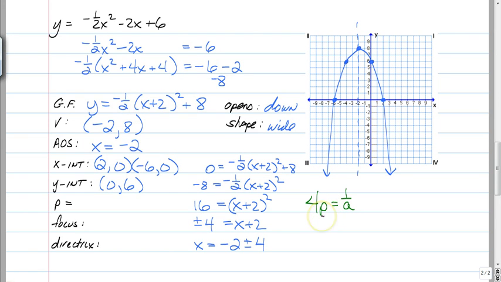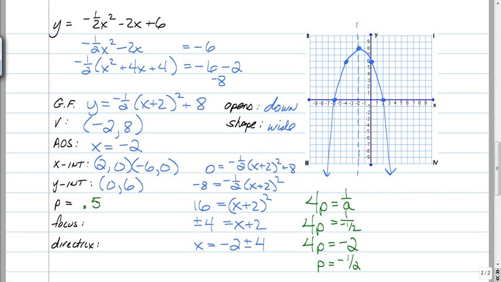So a is negative 1/2. So 4p is equal to 1 over negative 1/2. Remember, dividing by a fraction is like multiplying by the reciprocal. So 4p is equal to, in this case, negative 2. So p is equal to negative 1/2, but I'm going to tell you to not leave your p negative. There's no need. So p is 0.5 because it's a distance, just like c.